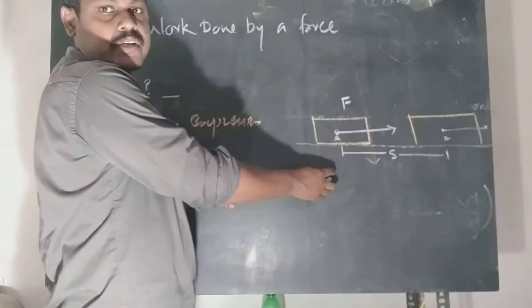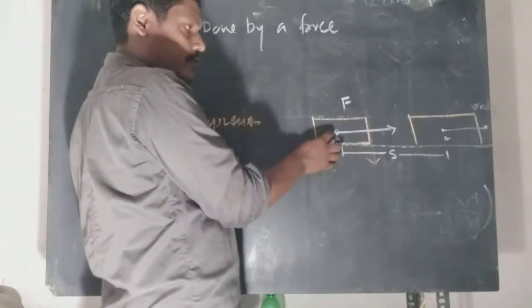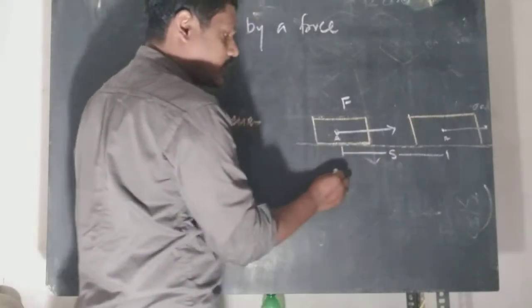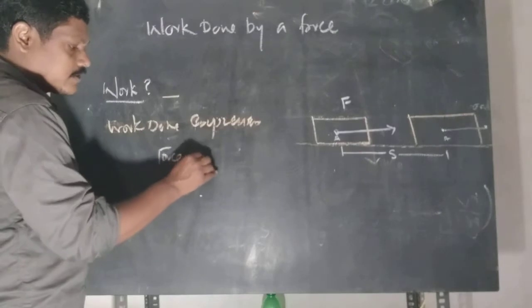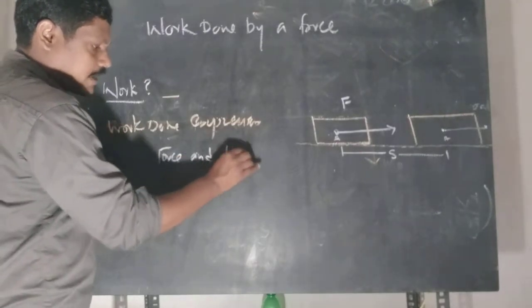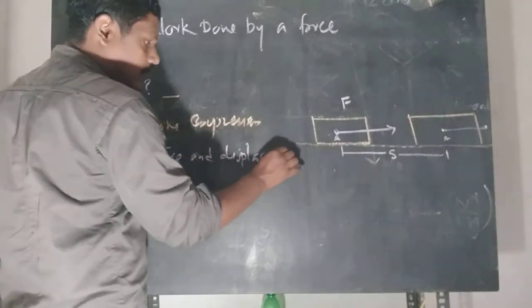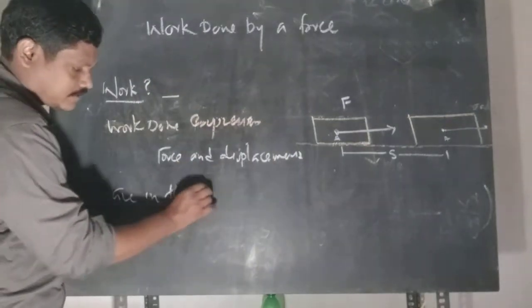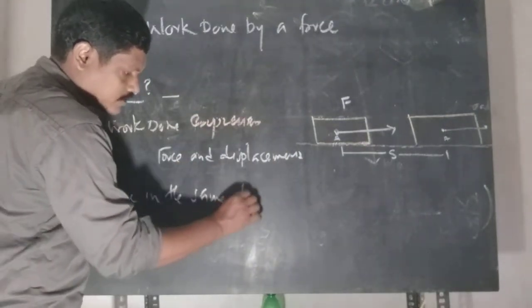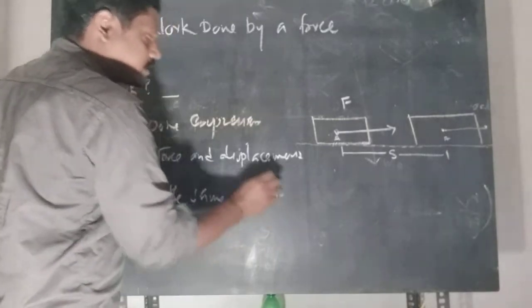So this is the point of application of force. It is displaced by this much. Now here the force and the displacement are in the same direction. Both the force and displacement are in the same direction.